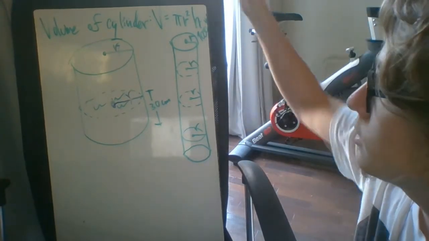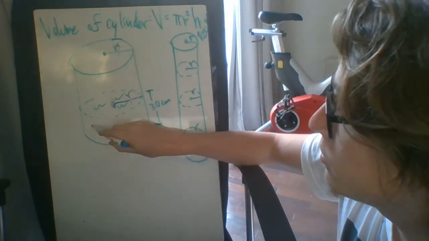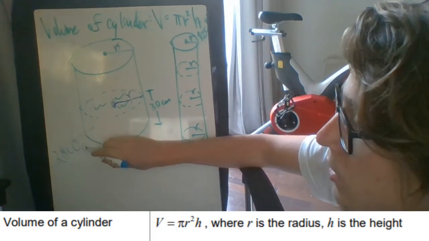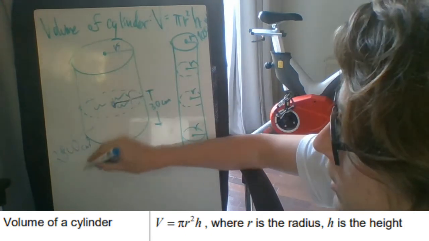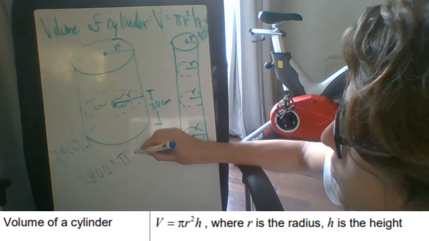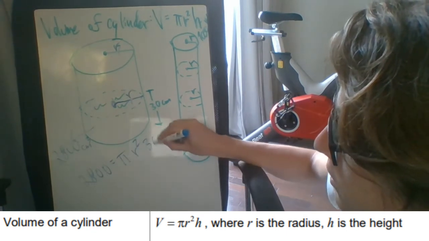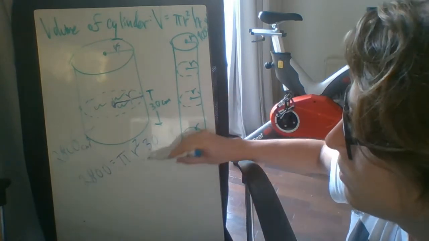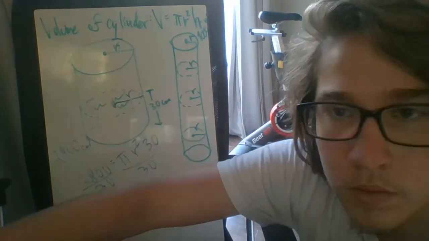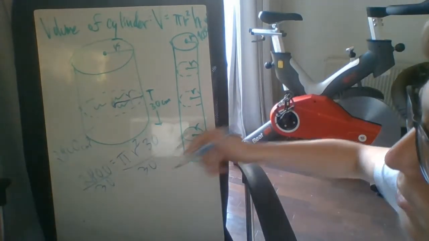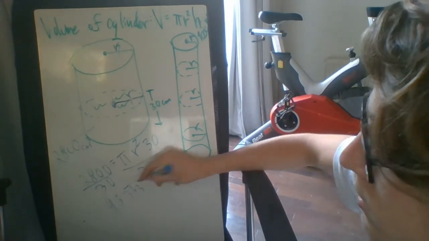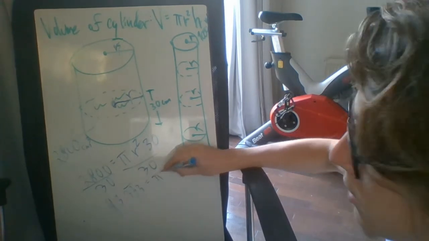So using this formula, we know that the volume of this cylinder is 2,800 centimeters cubed, because that's what we got from part A. So we have 2,800 equals pi times r squared times height, which is 30. We pass 30 dividing, and we end up with 93.3333 repeating equals pi r squared.